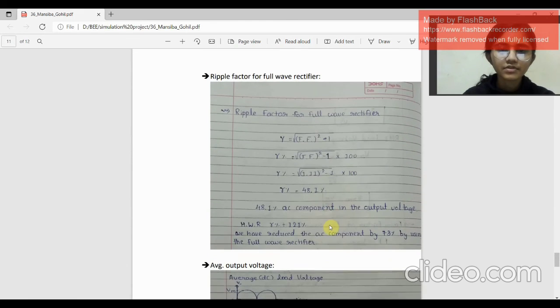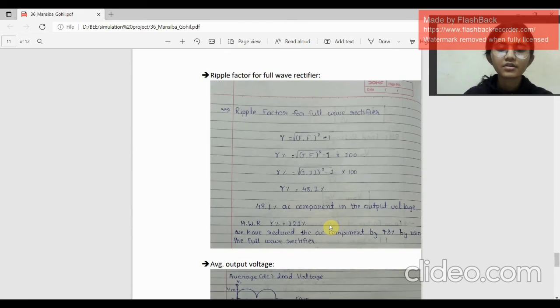Now coming to the ripple factor of the full wave rectifier. For the ripple factor, the full wave bridge rectifier and the full wave center tapped rectifier will have the same value. Doing the same calculation for both, we get gamma equals 41.1 percent.